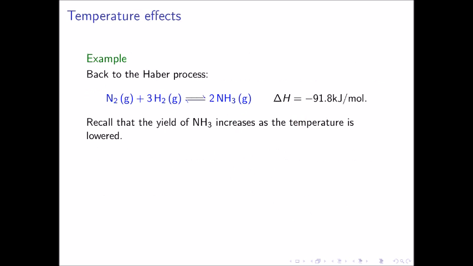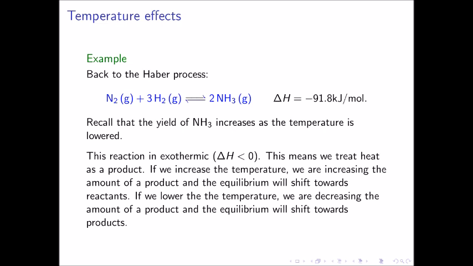In our final example, we return once again to the Haber process. The change in enthalpy for this reaction is negative 91.8 kilojoules per mole. Recall from earlier in the lecture that the yield of ammonia increases as the temperature is lowered. This reaction is exothermic. Delta H is less than 0.